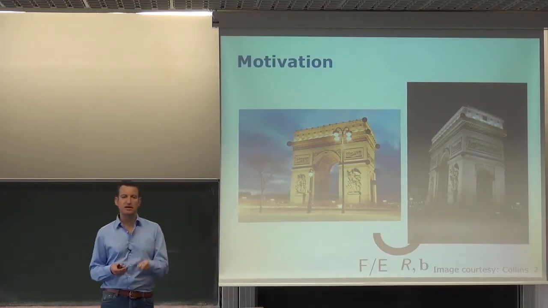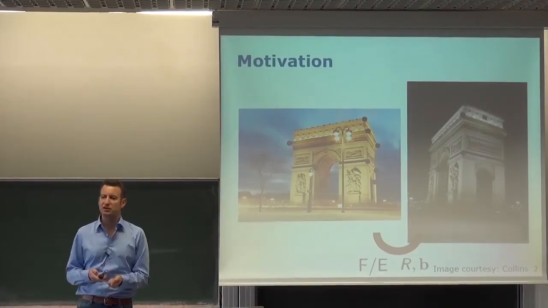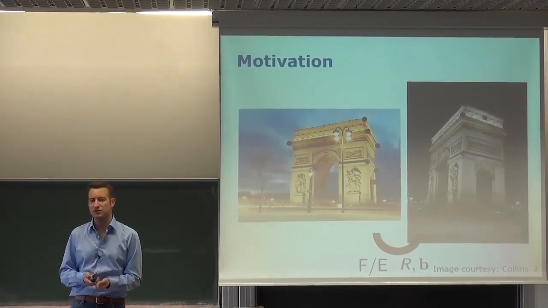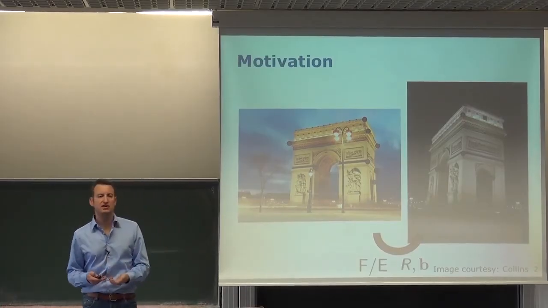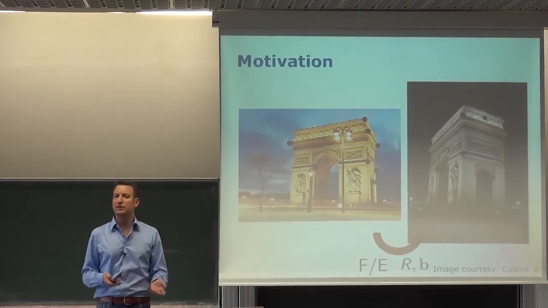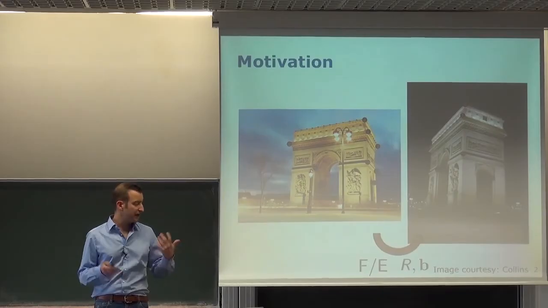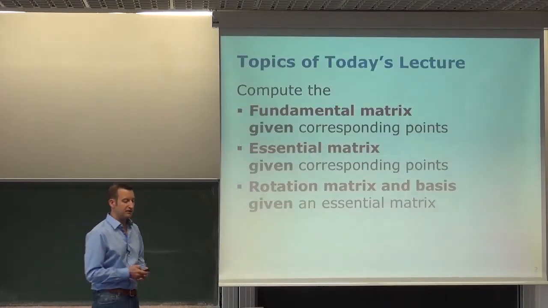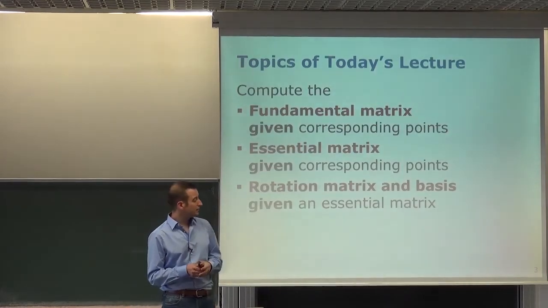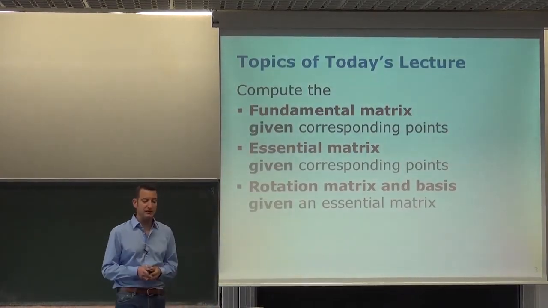That means I can directly compute a solution without an initial guess. This may not be the optimal solution, but it can serve, for example, as an initial guess for a least squares solution. It is a technique which already provides a pretty good estimate for the essential matrix or the fundamental matrix.